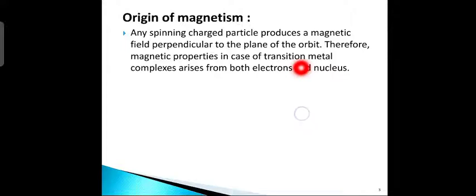Now, how does this magnetism originate? Any spinning charged particle produces a magnetic field perpendicular to the plane of the orbit. Therefore, magnetic properties in transition metal complexes arise from both electrons and nucleus.